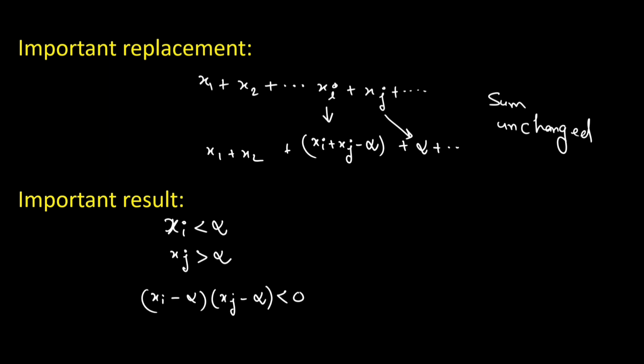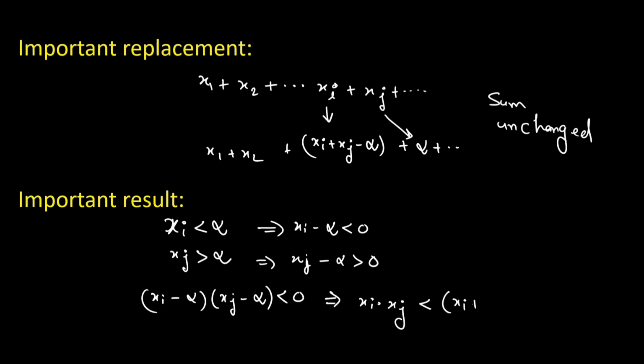And on solving this, you will get that xi times xj is less than xi plus xj minus alpha, times alpha. Try this, you will find it out after 1 or 2 steps.